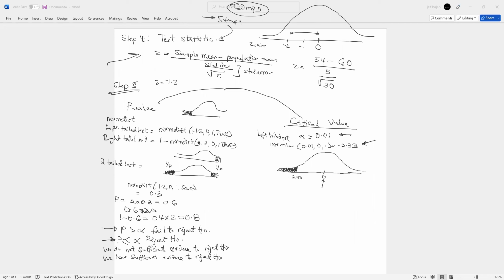What we're saying here is if the test stat goes beyond negative 2.33, then it's too far for us to still accept what the company is saying. Let's say, for example, we have negative 3, right? Negative 3 is right here.